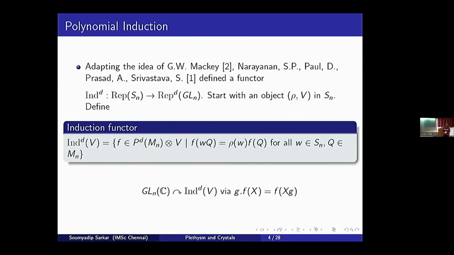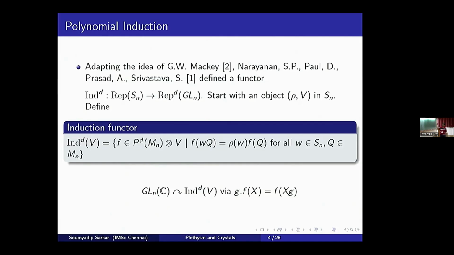Narayanan, Digjoy, Amritanshu and Shraddha, who define an induction functor. You start with a representation rho of S_n, and then define the vector space Ind_d V, which is the space of all degree d V-valued homogeneous polynomials f that transform under this rule: f(wq) equals rho(w) times f(q).